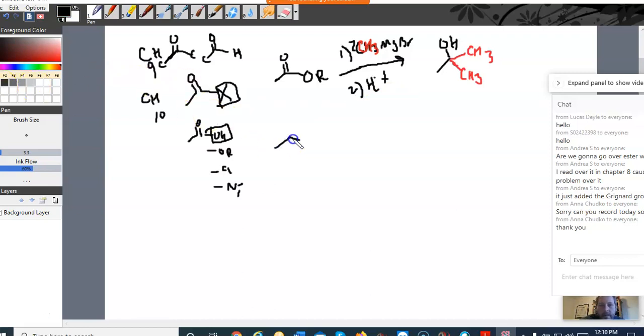So what happens in the mechanism, just so you can understand it, is the first equivalent of your Grignard adds in here and kicks up your pi bonds, and you form this intermediate.